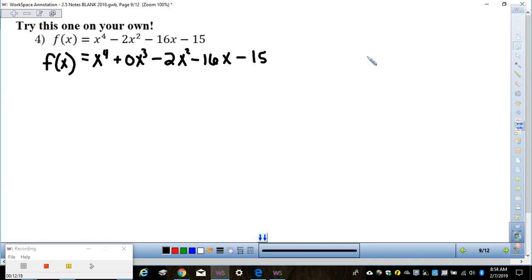When you have your solutions all the way worked out, you can check them here. The final answer for your zeros should be negative 1, positive 3, negative 1 plus 2i, and negative 1 minus 2i. So take a moment, try it on your own, and check to see that you got this for your final answer.